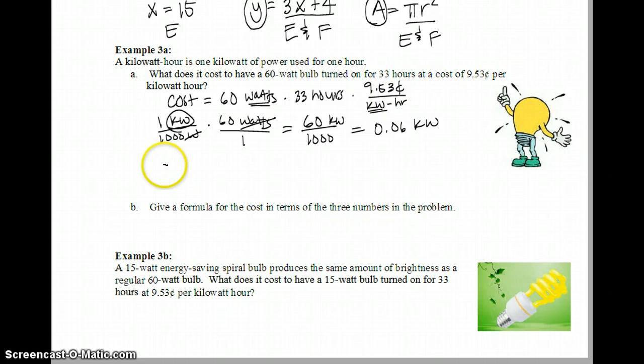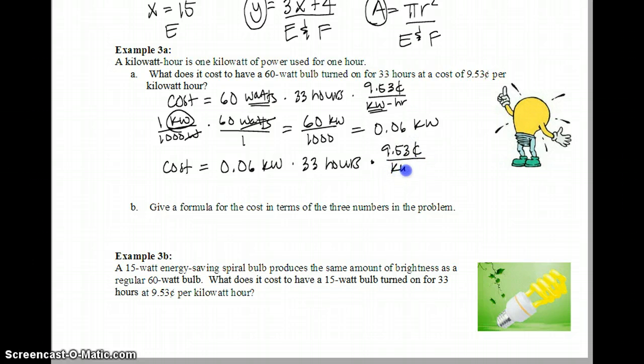Okay, so now we can go back to our cost formula, and we can say cost equals 0.06 kilowatts times 33 hours times 9.53 cents per kilowatt hour. If we cancel out, we know our kilowatts are going to cancel out, our hours are going to cancel out.